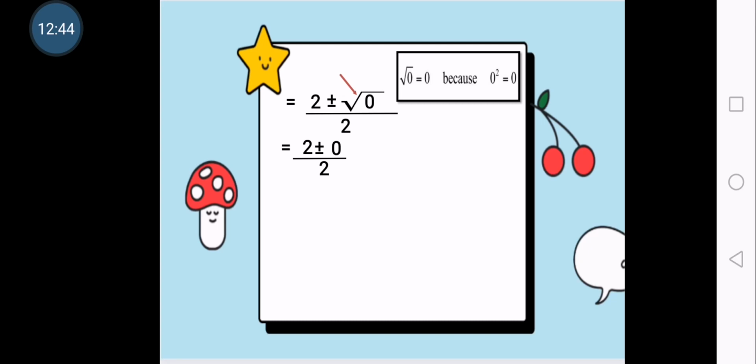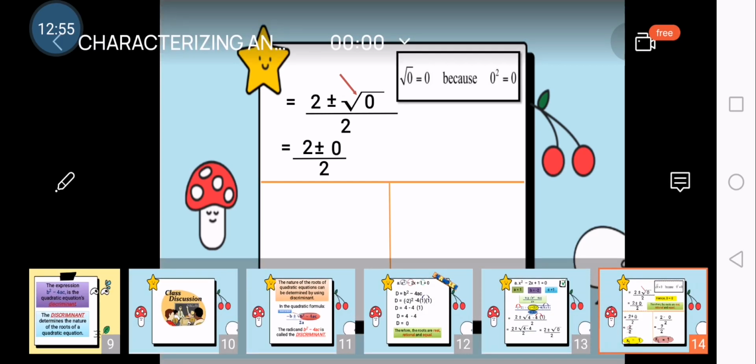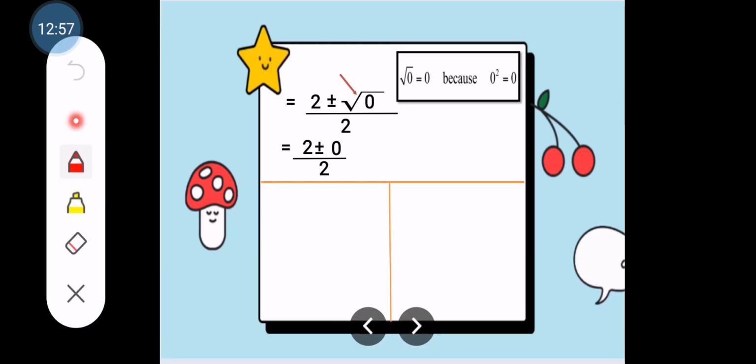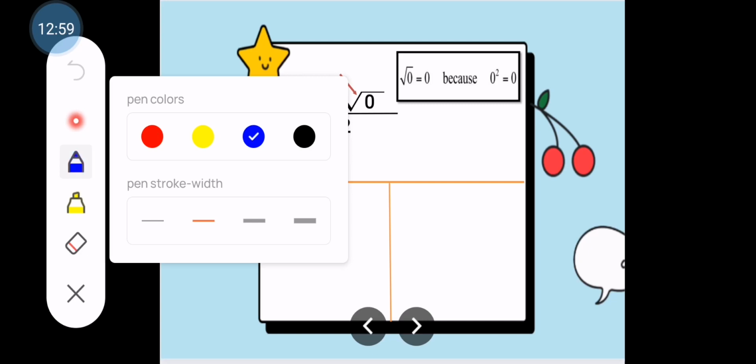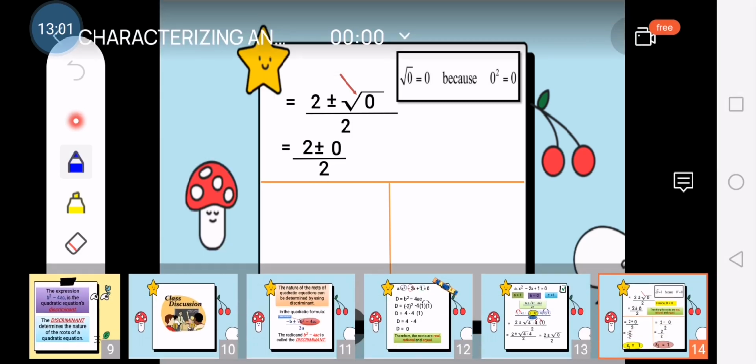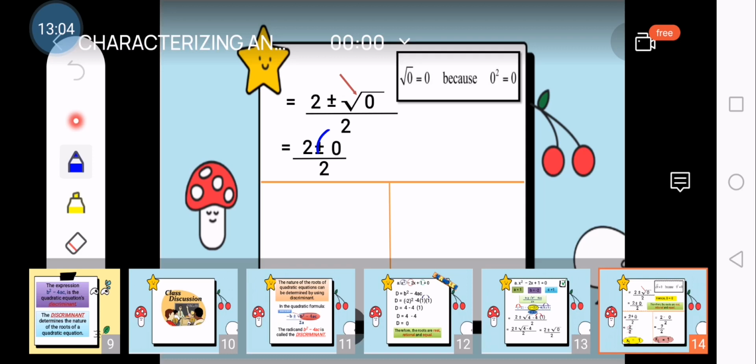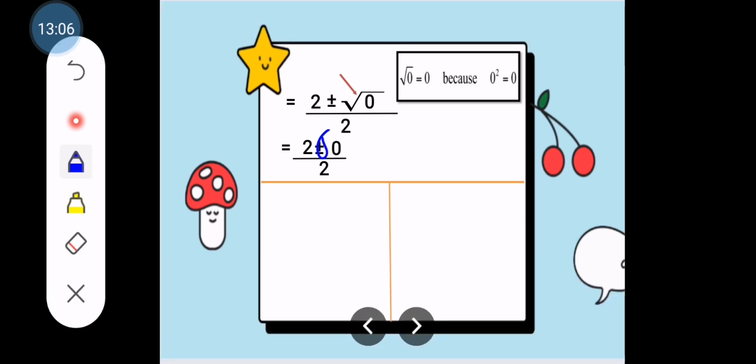Ngayon, para makuha natin ang roots, if you're going to extract the square root, meron tayong 2 possible roots. So, alamin natin ngayon ang value ng first root and second root. Paghiwalayin po natin para hindi kayo malito, ang ating sign dito sa gitna kasi ay plus minus, di ba?